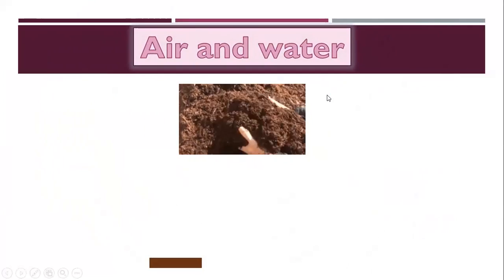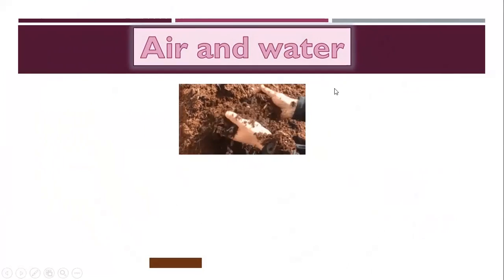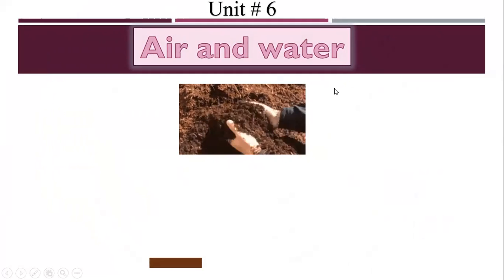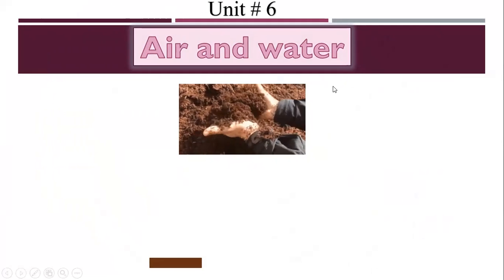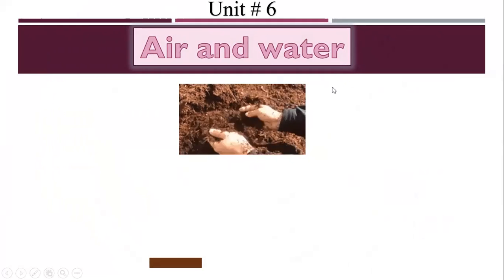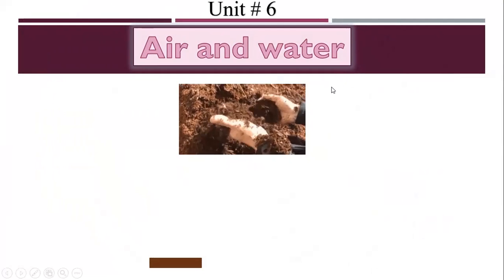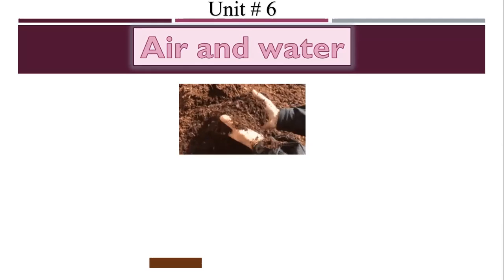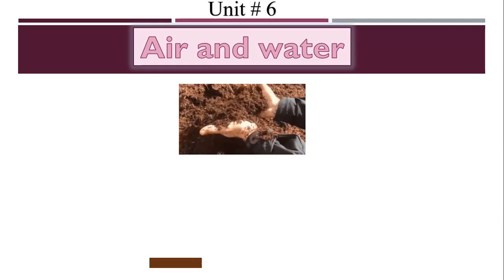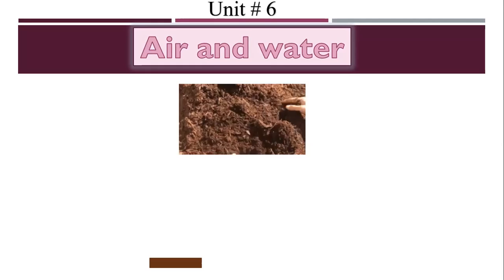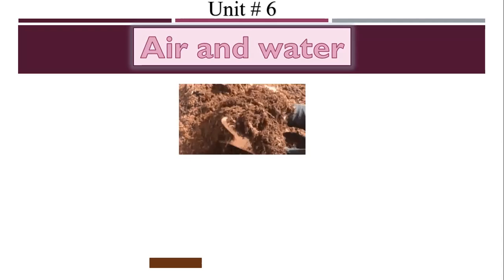Now we are coming on to today's review session of unit number 6, air and water. As you know, students, that is the necessary element of life. Today we are talking about the necessary elements of life.